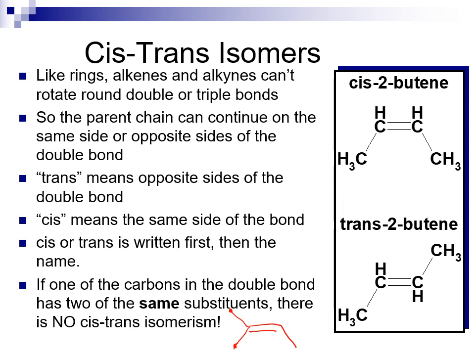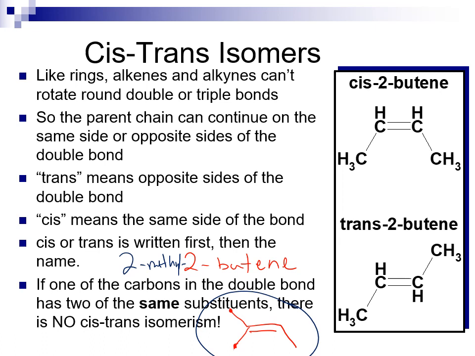It would just be called, again, 2-butene, and it has a branch on it, this guy here. It's on the second carbon, so this is 2-methyl-2-butene. Now, whether I called this cis-2-methyl-2-butene or trans-2-methyl-2-butene, I would still draw it exactly the same way.